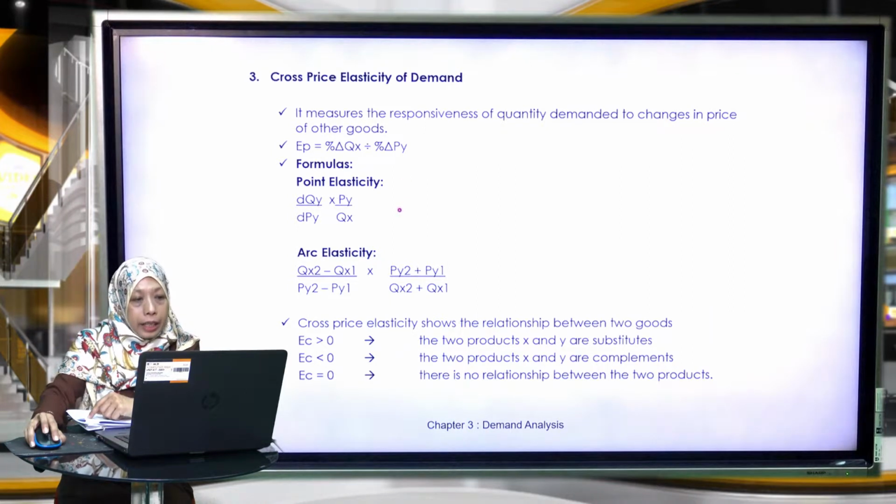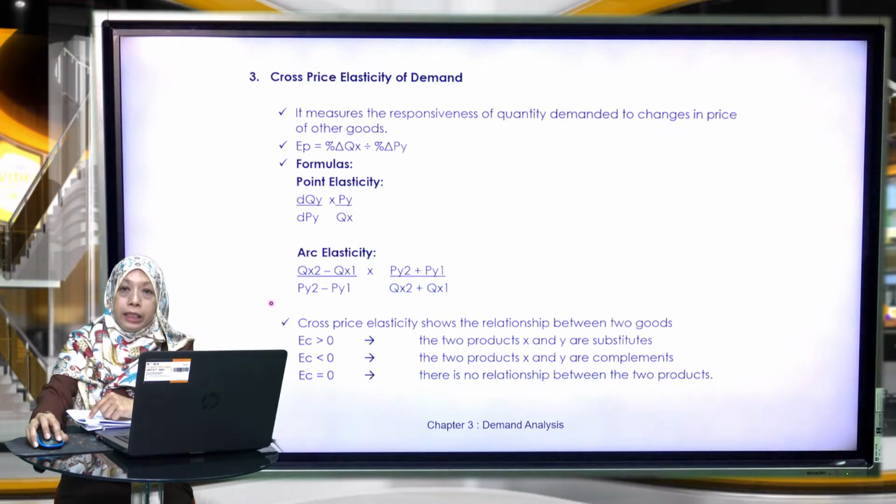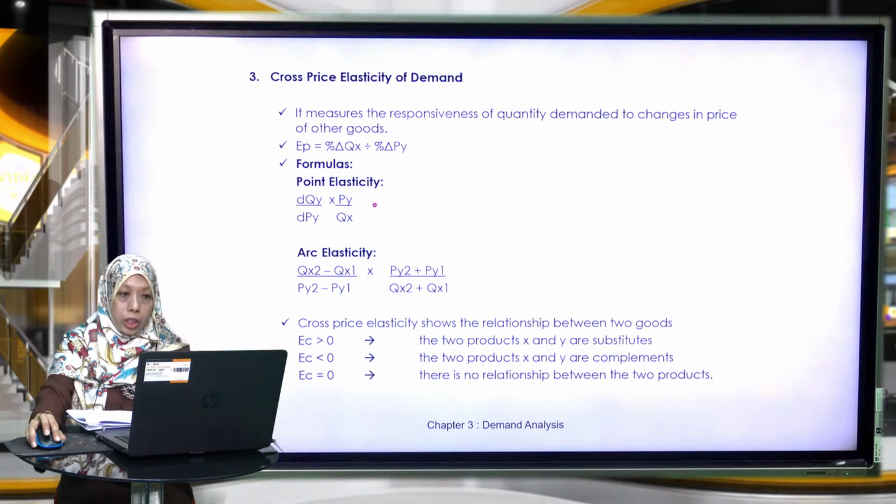Again, we have two formulas. You can use the point elasticity formula or the arc elasticity formula, but as I mentioned much earlier, the point elasticity formula is the one that we are going to concentrate on.